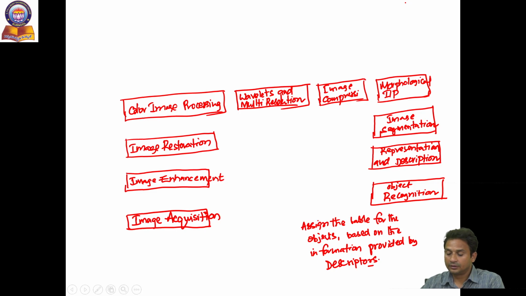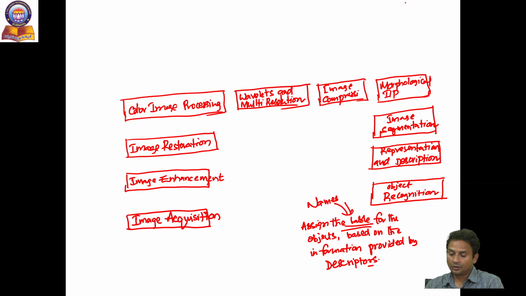The descriptor provides information about the shapes of the objects based on the segmented data. Now, taking that information as input, object recognition is able to assign labels. Labels are nothing but names for the objects. For example, in an image of a class, there will be students, tables, fans, lights, and so on.